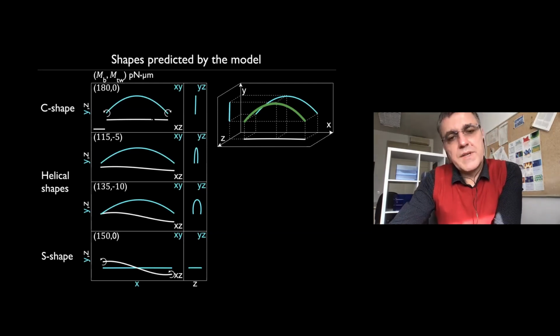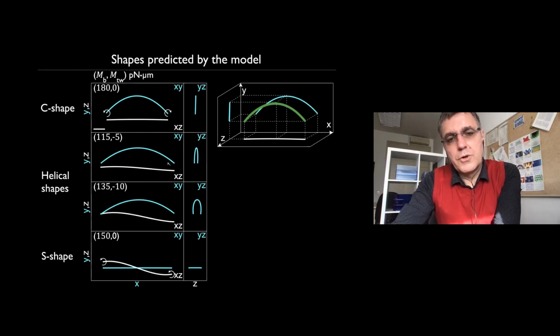What one can see from these results is that we have C shape and S shape as two extremes, but between these two shapes we can also see shapes that extend in 3 dimensions that are not pure C shape or pure S shape.